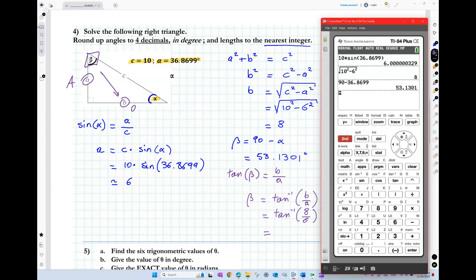So I'm going to press second tangent to get the tangent inverse of 8 over 6, and I've got the exact same one. Here I want the 4 decimals to round it up. But as you can see, I get the exact same result, 53.1301 degrees.